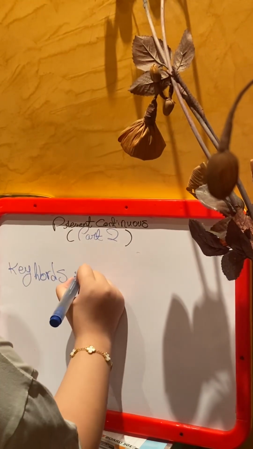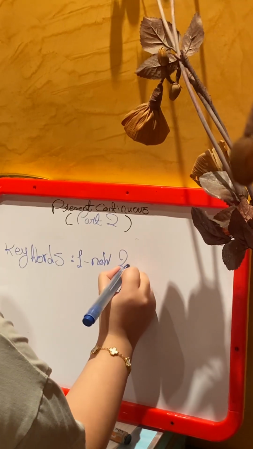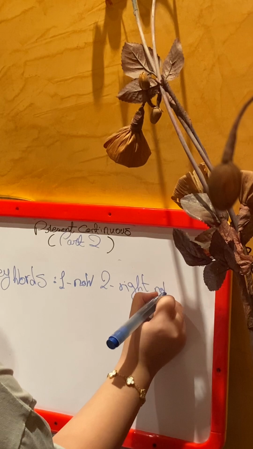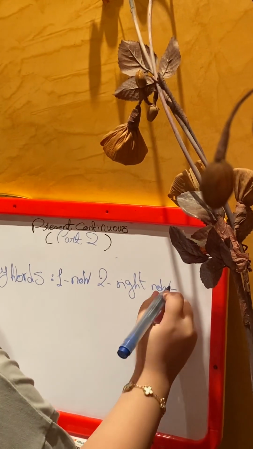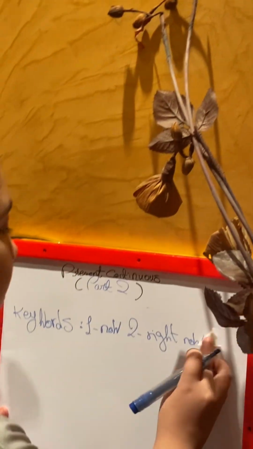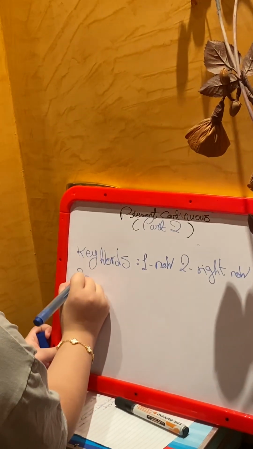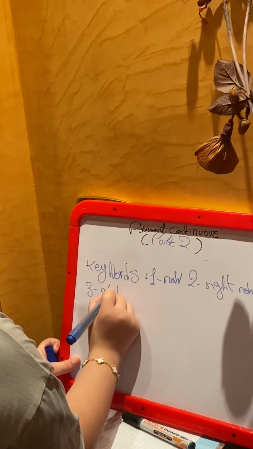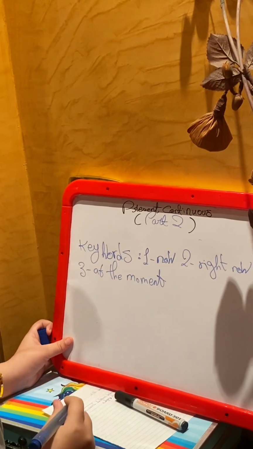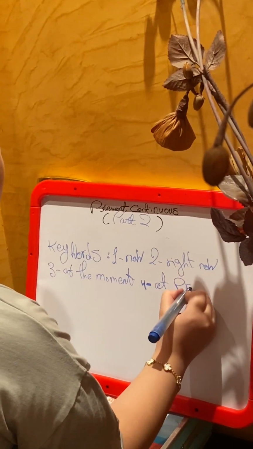Again. Number 1, now. 2, right now. Okay, we can say this is 3, at the moment. 4, at present.